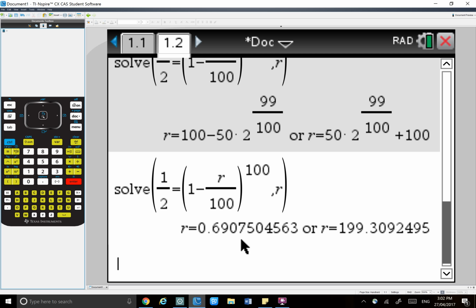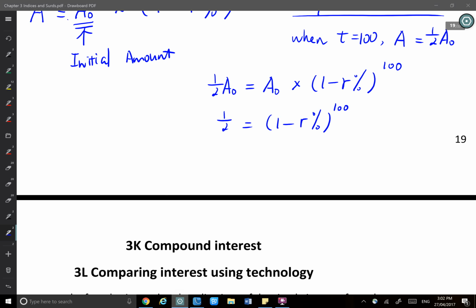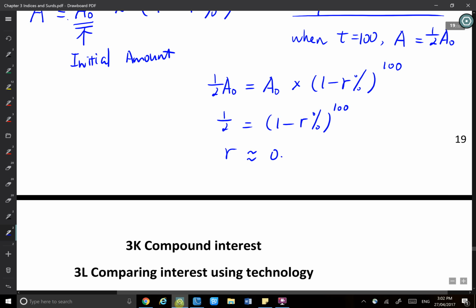If you decrease by 200%, it means you're left with nothing. So r equals 0.7 because you want 1 decimal place. So r is about 0.7. So decay rate equals 0.7%.